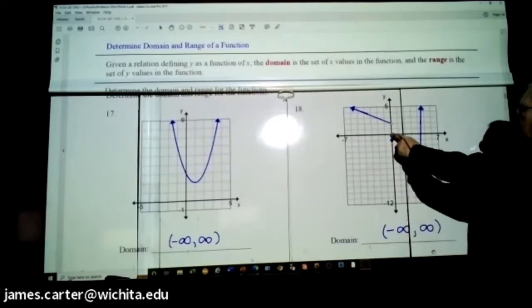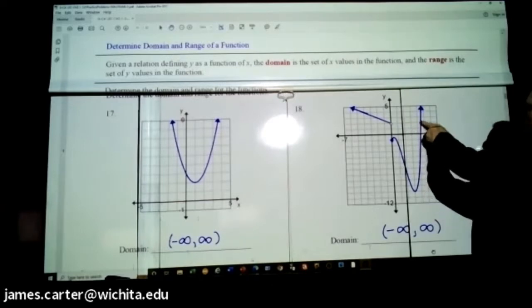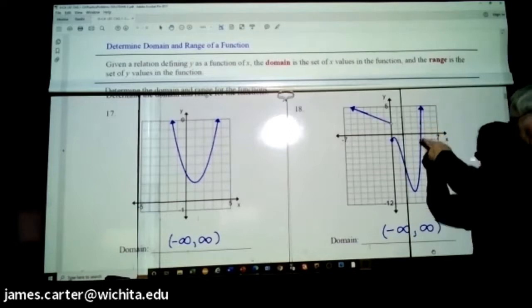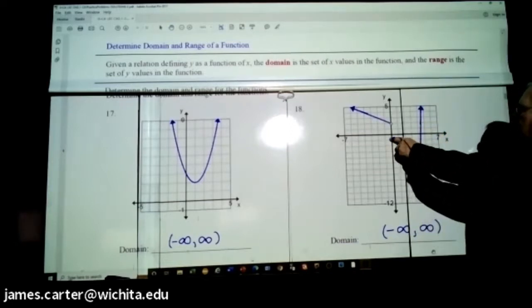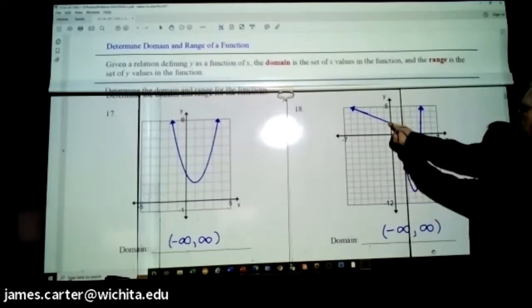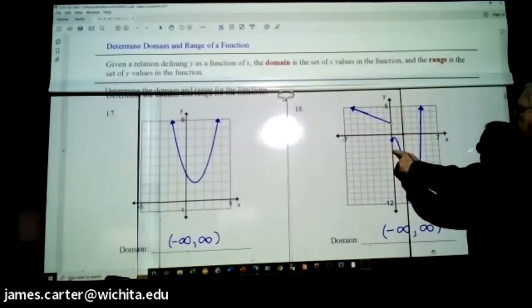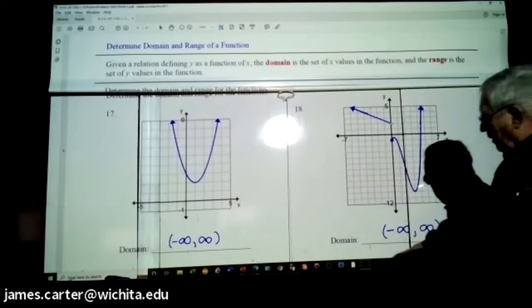Except right here, the values from -1 to +2 for y are covered right here. So there are no y gaps in the range and in the domain, because at least this point x equals 0 is covered by that inclusive point, then we're infinity to infinity.